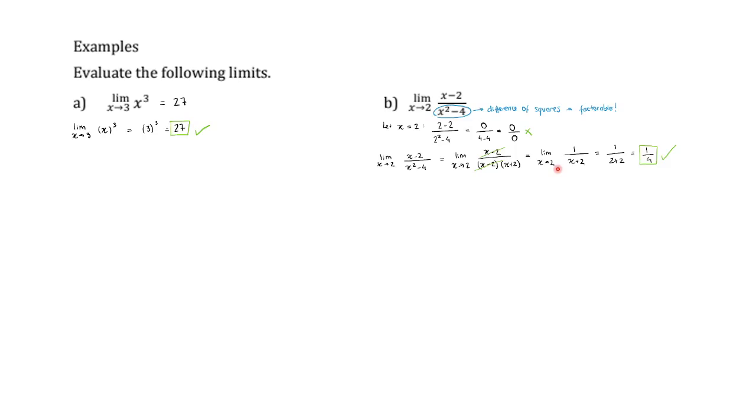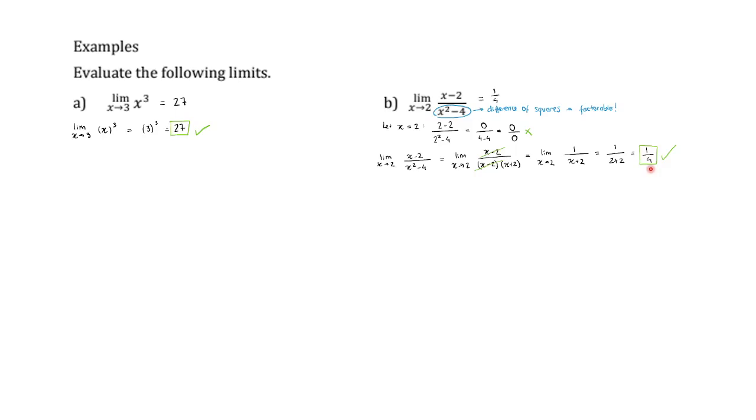That is just the value. So after we have manipulated the expression, we are able to directly plug in the condition for x to find the limit. And so right here in this case, the limit as x approaches 2 of (x minus 2) over (x squared minus 4) is equal to 1 over 4.